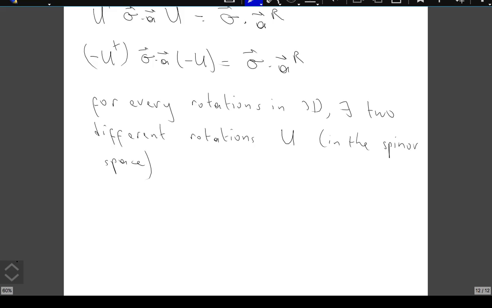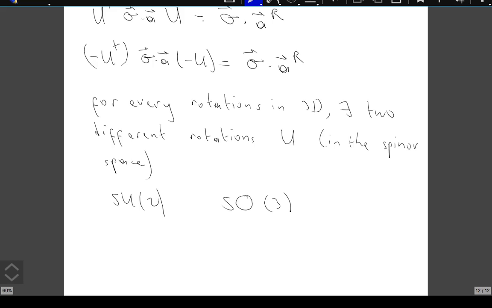In formal terminology, these U's are SU(2), which we will discuss in more detail. These are just 2 by 2 rotations in the complex spinor space. And we have SO(3), which are just ordinary rotations in three-dimensional space.